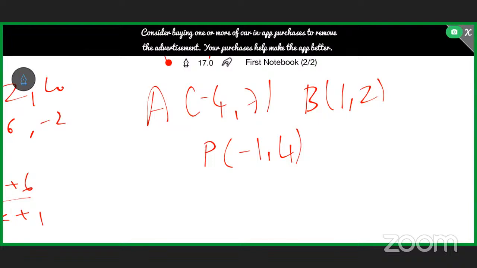Did you get the answer? And did you get the K value? Two by three, sir, K value.